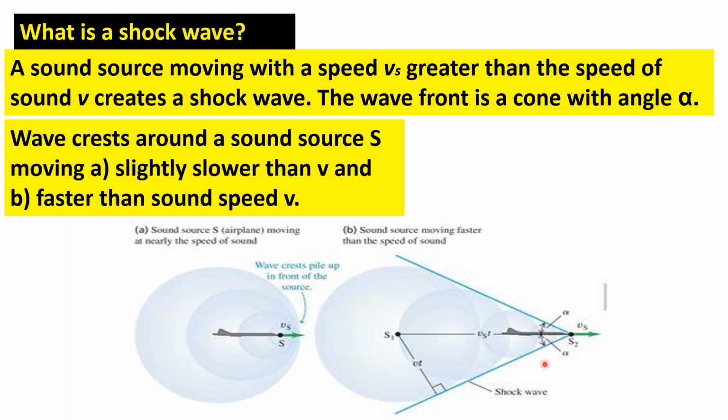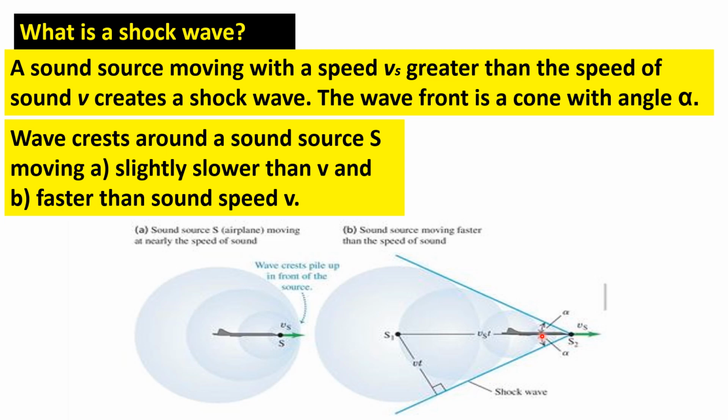And that angle that is formed by the shock wave, the wave front of the shock wave, labeled here as the one colored green, is the result of the wave fronts created as a result of the interference of all the shock waves produced as the airplane breaks the sound barrier.